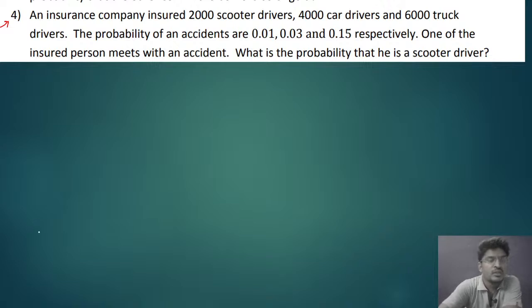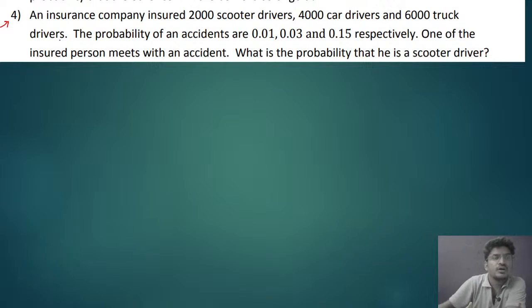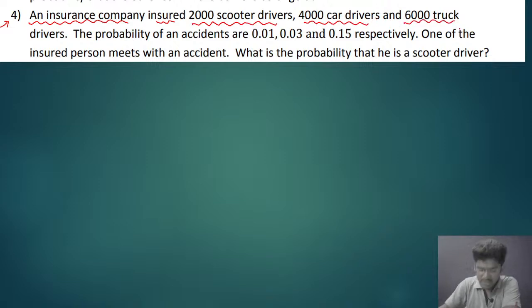Okay, there is an insurance company. An insurance company insured 2000 scooter drivers, 4000 car drivers, 6000 truck drivers.